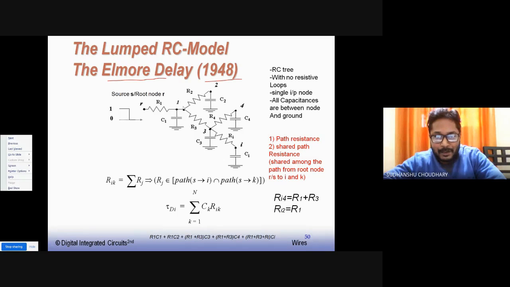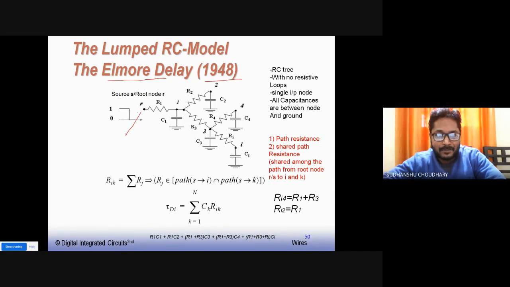So let us say we have an RC network, a resistance and capacitance network which looks like this. Or it's an RC tree, we call it, right? Now one important thing you will notice here is that there are no resistive loops in this picture. So the Elmore delay model is only applicable to networks where there are no resistive loops, and there is a single input node.